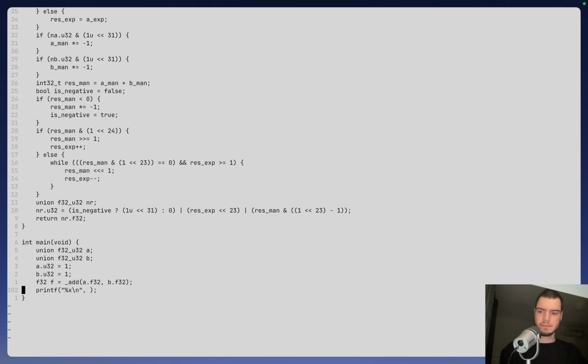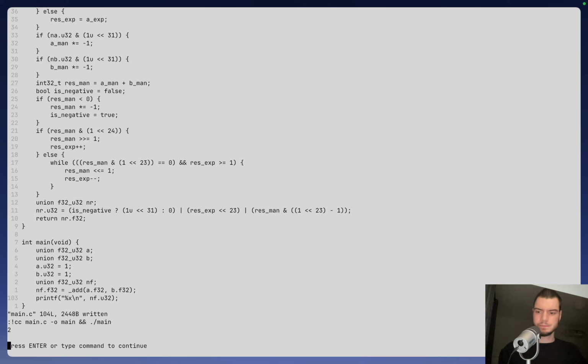Actually, we need to do this again. And we're going to assign to the floating point member. Actually, I can just do this. All right, and let's try to read the integer part. And we get 2. Cool.